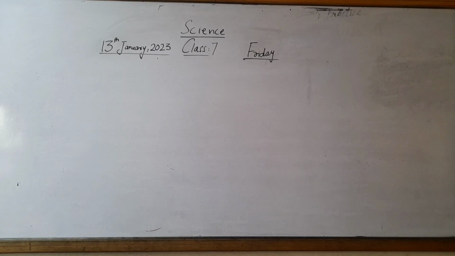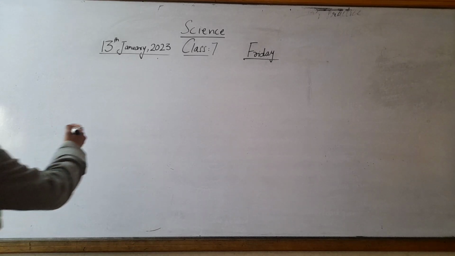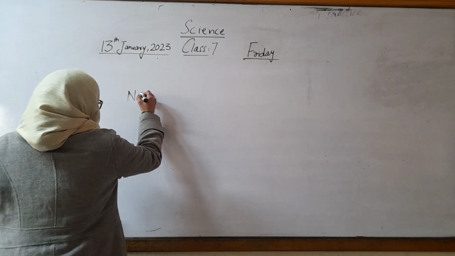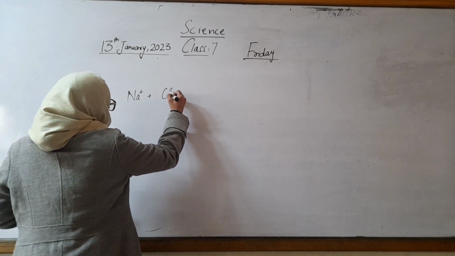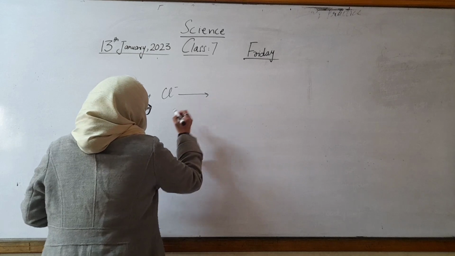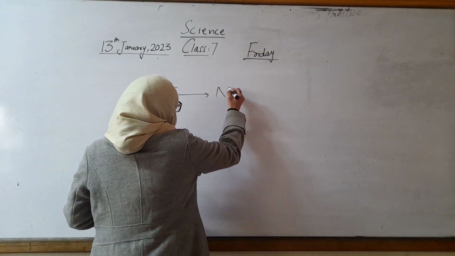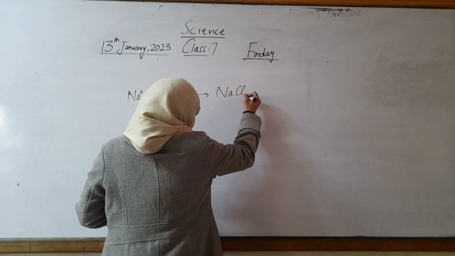Okay, Abdullah, you will tell me what we have discussed in the ionic bond. Yes, ionic bond is a bond that is formed between ions. For example, sodium ion, when it reacts with chloride ion, they combine to make an ionic compound that is sodium chloride.